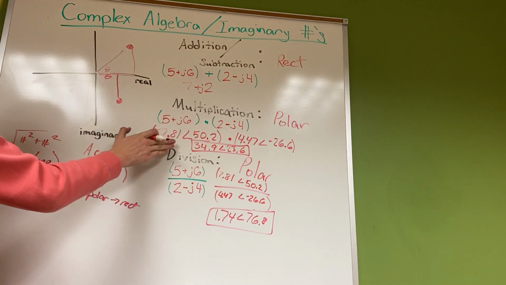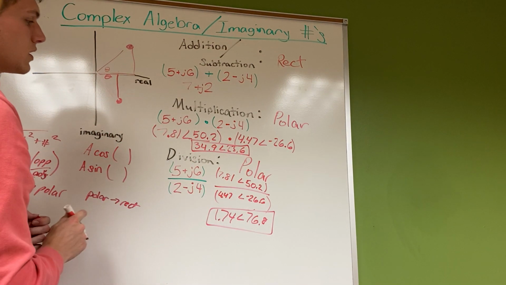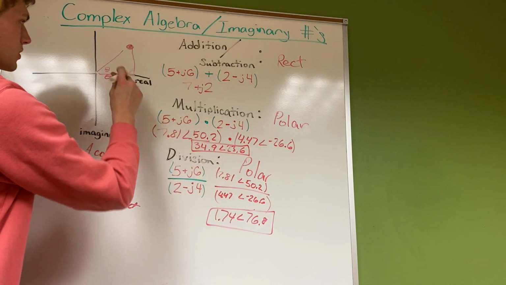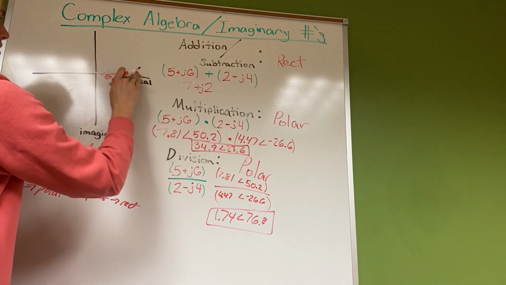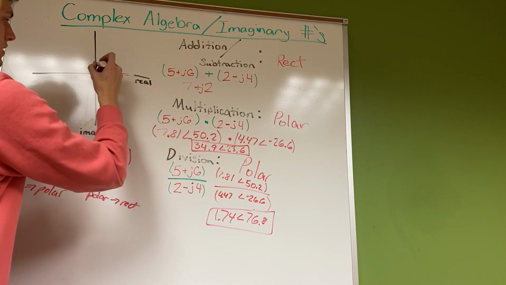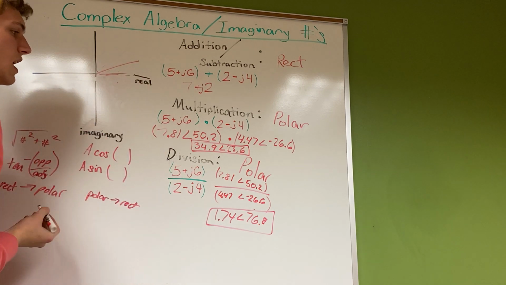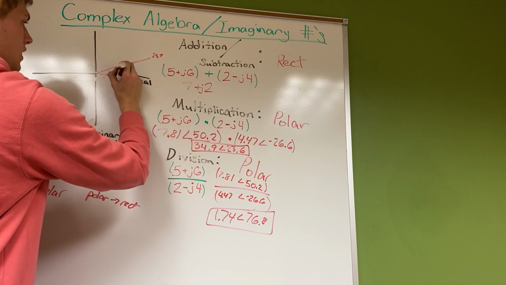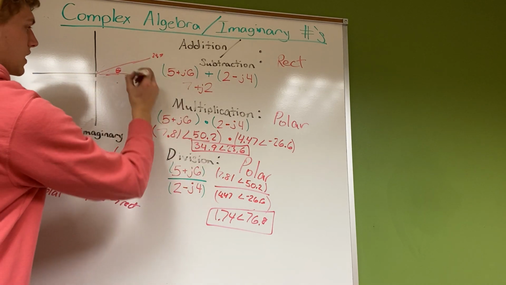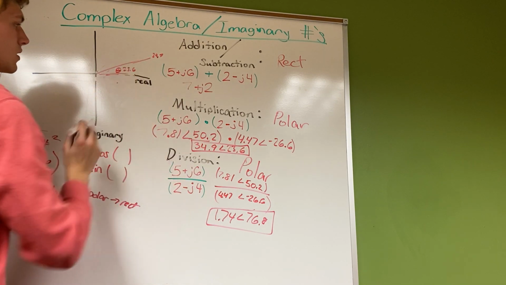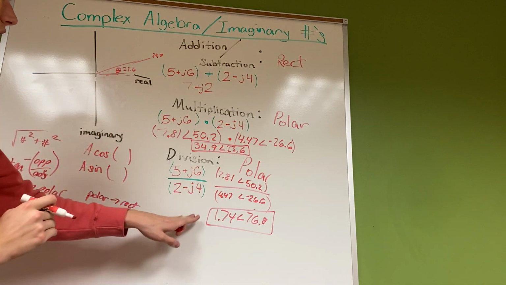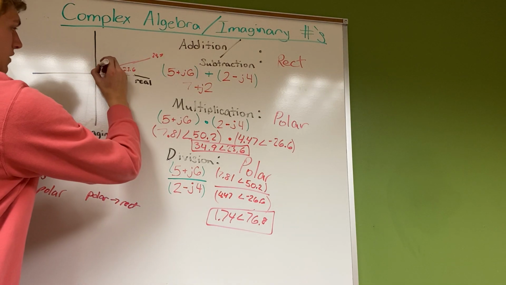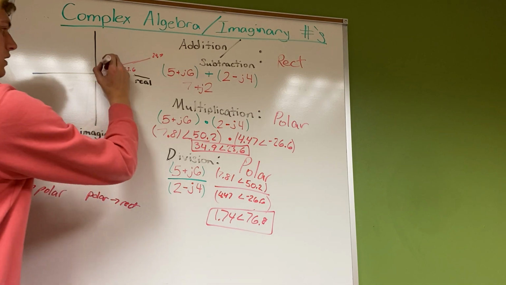And if we wanted to think about what those would look like on our graph, we would have an angle of 23.6, something like this maybe, and this distance would be 34.9. Then we could also do that for 1.74, much shorter, at 76.8.